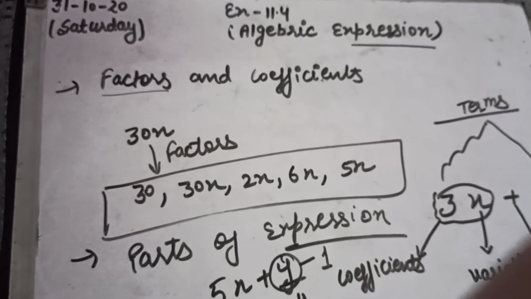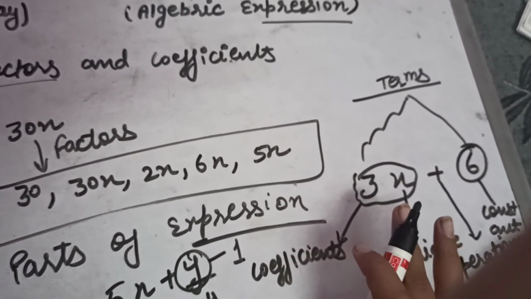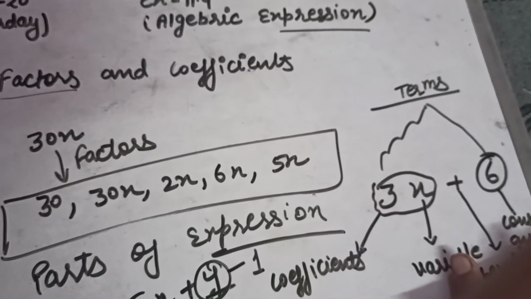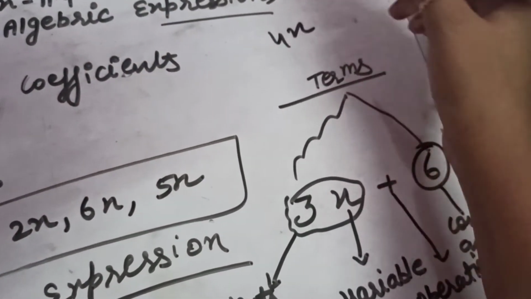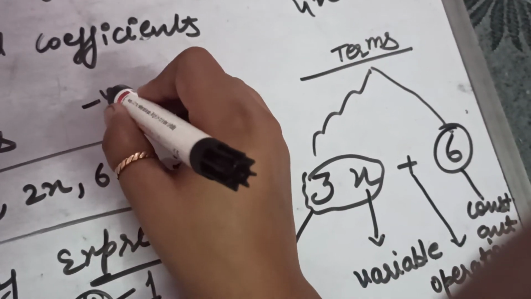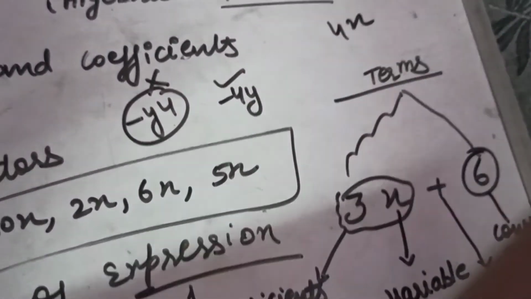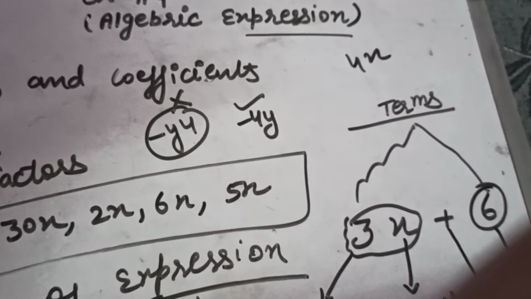After this, the main way to write a term with the variable is this, 4x minus 4y. You can't write it like this, minus y4. This is wrong. You can only write it with the numeral first.